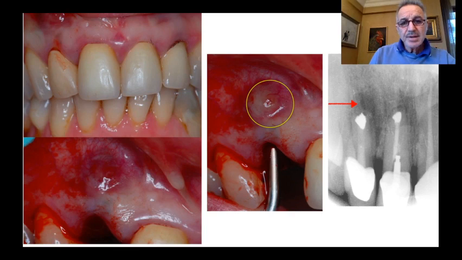As you can see in the middle, after the extraction, I checked the buccal bone wall and there was no buccal bone wall. So I decided to raise a flap and place an implant, with augmentation and restoration of the area at that time.